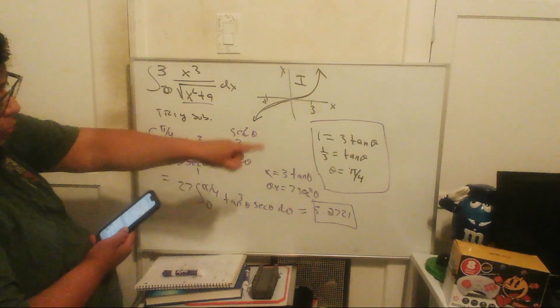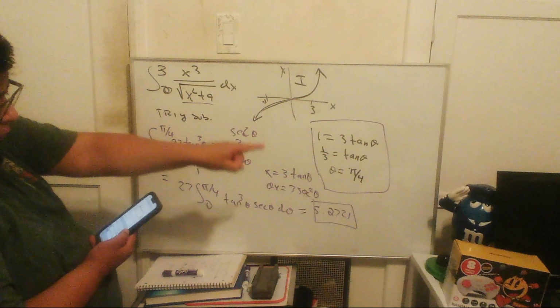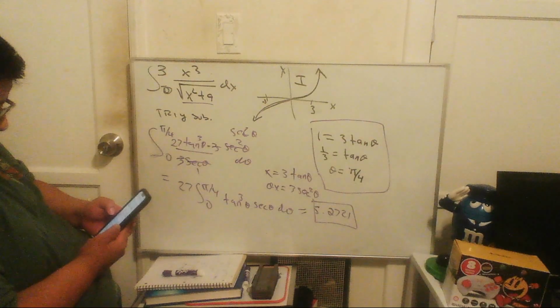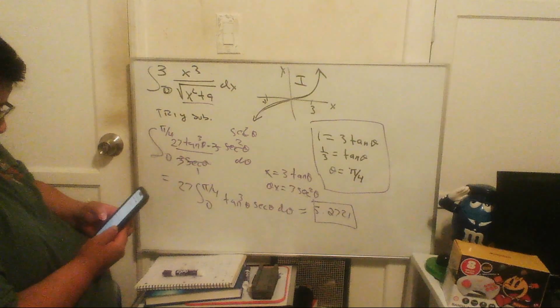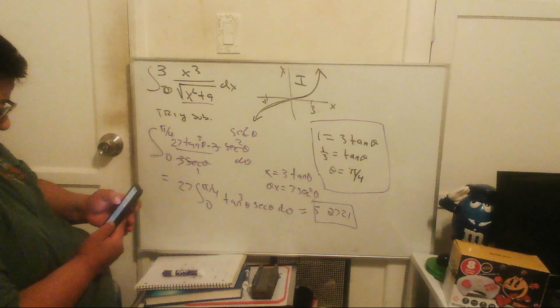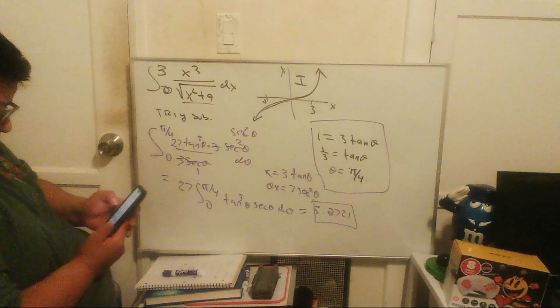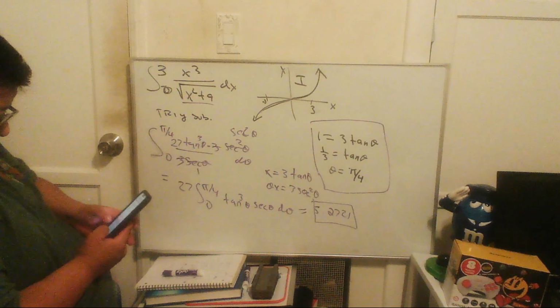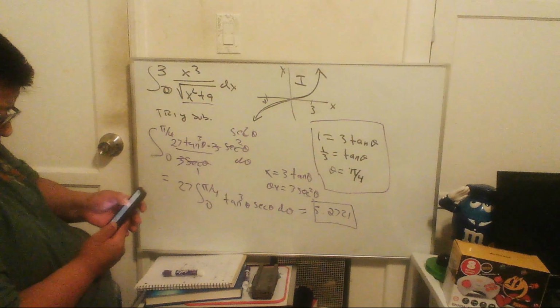So is 1 equal to 3 tangent of pi over 4, and the answer it gives me is... okay, I see, one second.